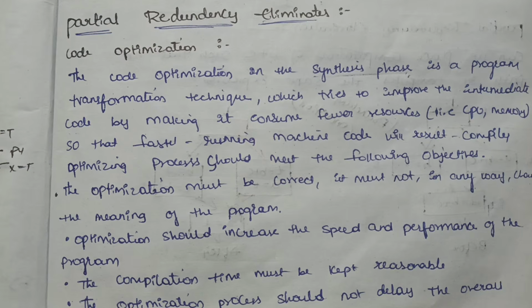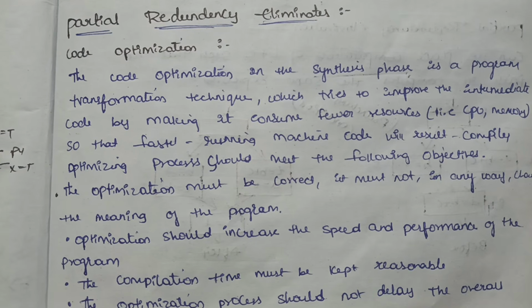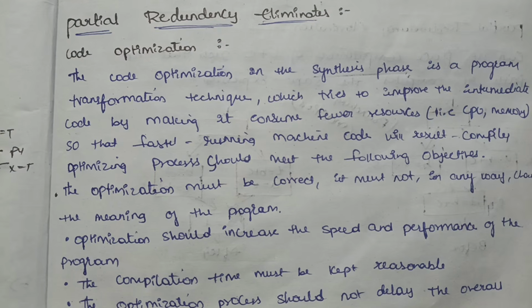The following objectives are that the optimization must be correct. What we are performing must be in a correct format, and it should not change the meaning of the program. If we are adding new things, the meaning of the program should not be changed. Optimization should increase the speed and performance of the program.